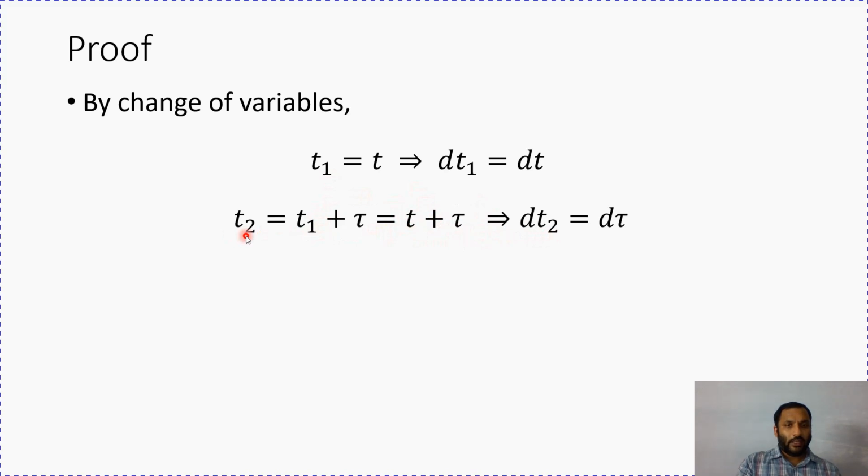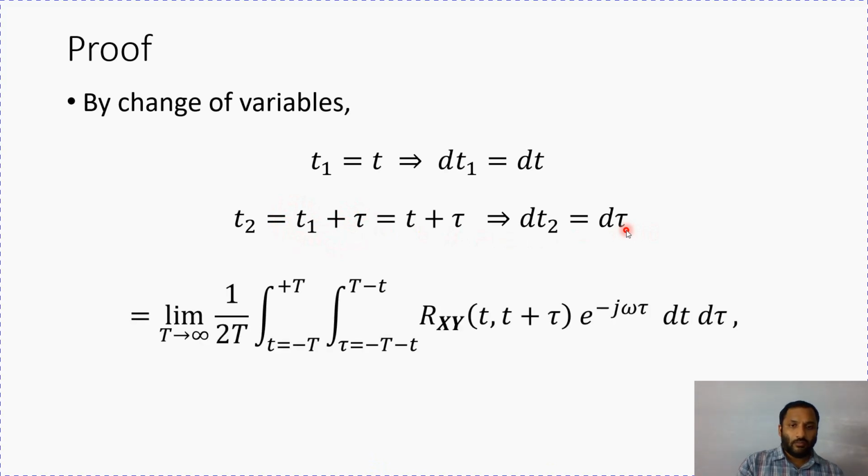Here t2 is a variable. Similarly, tau is a variable for a specific t1. Therefore, t1 is a constant with respect to this variable. Therefore, dt2, the differential of t2, is equal to the differential of tau.